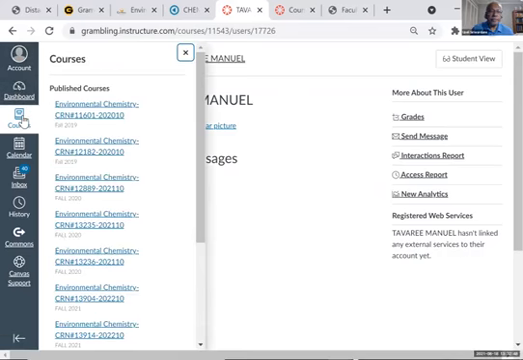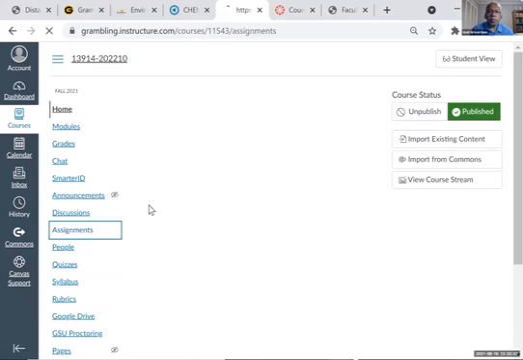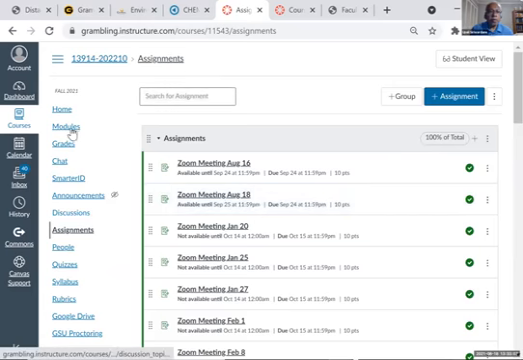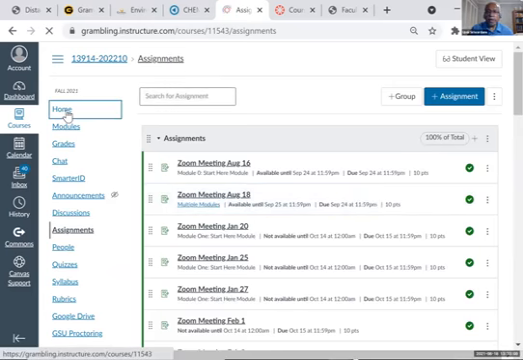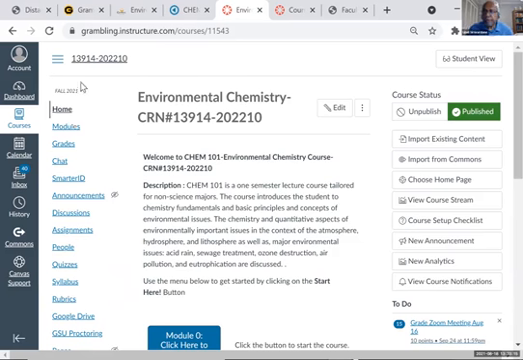I have to select the course. Can you see my screen now? I will go into home screen now. You must be able to go to Canvas and look into this page, okay?